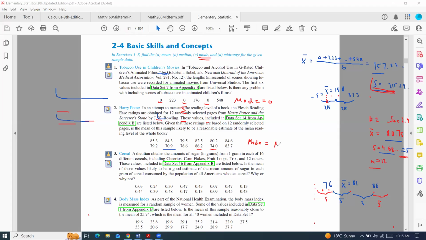Well, since I don't have it, I say no. There is no mode. It makes no sense to talk about repeating numbers, the most popular, because each of them appears only once, and so no popular elements here. Okay, so sometimes you don't have a mode. Sometimes you do, sometimes you do not.